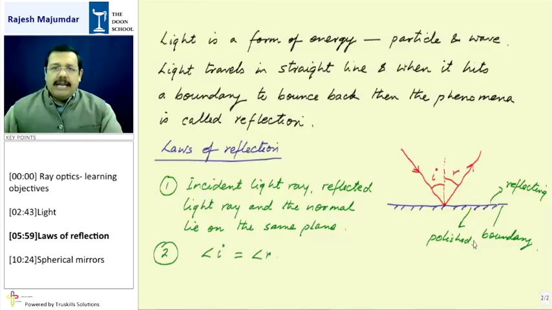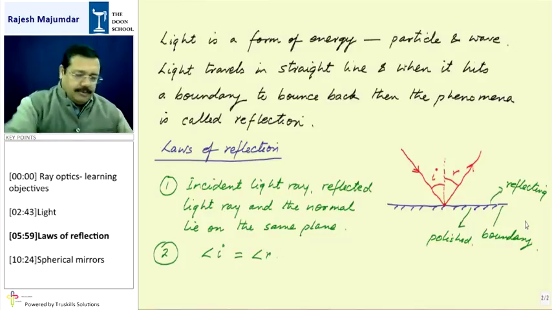Now, this boundary can be a plane and it can be curved also, right? So if it is a curved surface, then it can be a part of a curved mirror. Now curved mirrors are of different types.